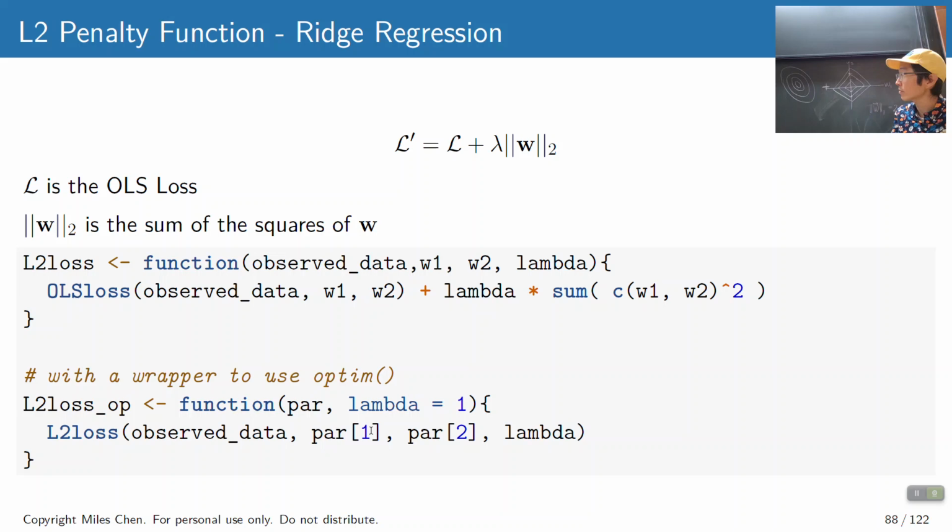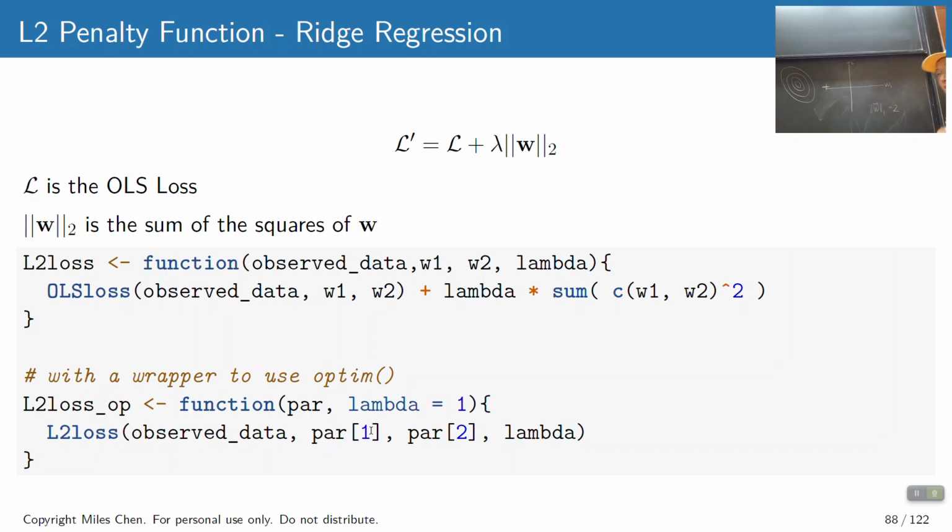L2, the L2 norm, instead of diamonds here, what do the L2 contours look like? L2 norm contours, right? So you're doing the sum of squared values.